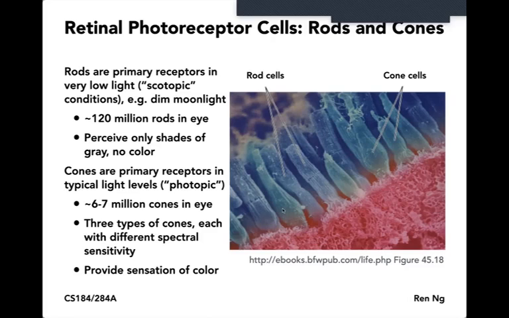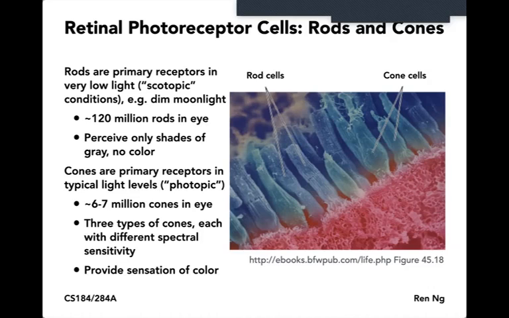The key thing here is that there are 3 types of cone cells, and each of them has a different spectral sensitivity that I'm going to go through in detail. So there are 3 different cones that have 3 photopigments in them that are slightly but crucially different. Those come from 3 different separate genes in our DNA. So this is really fundamental stuff.